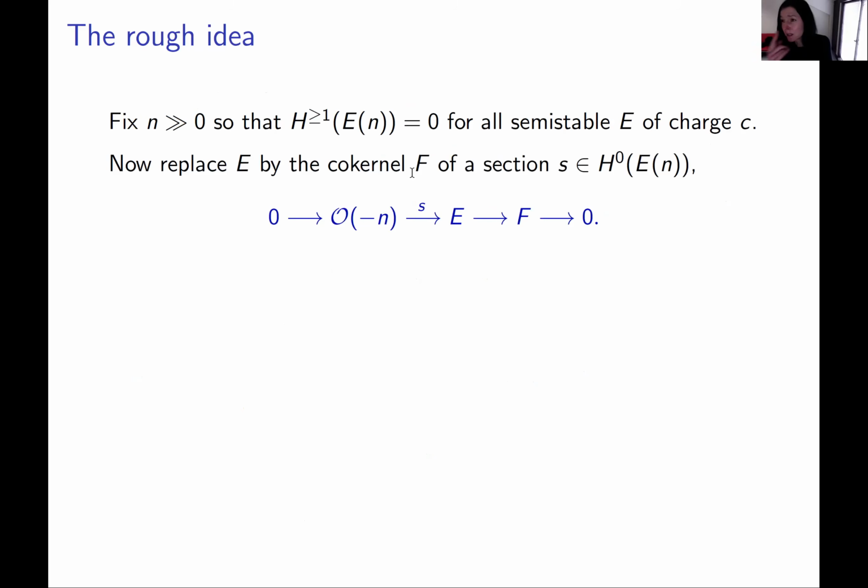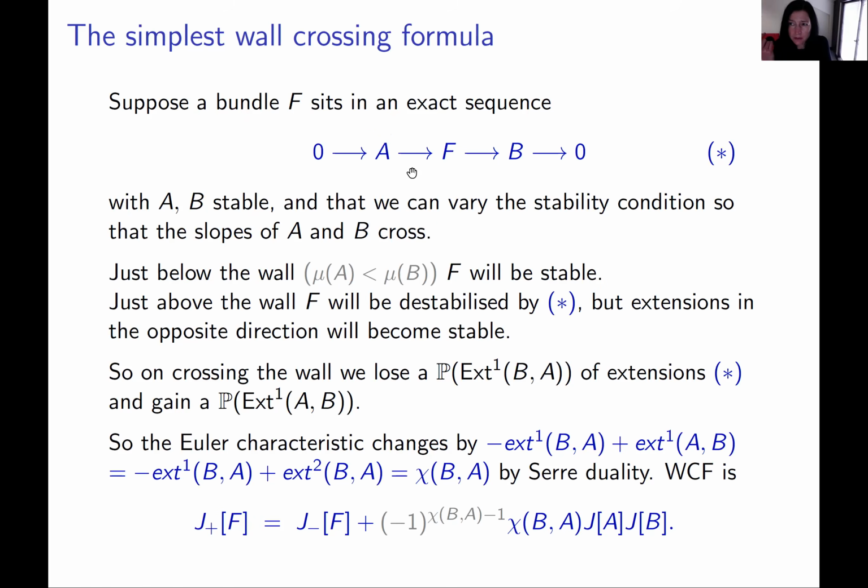Just a question. The previous slide, did it depend on the choice of stability condition at all, or is this just a matter of counting objects with any stability condition? No, sorry. So here, when we cross the wall, my notation is that J plus is counting of stable objects above the wall.